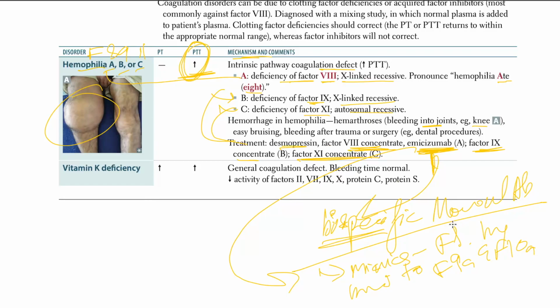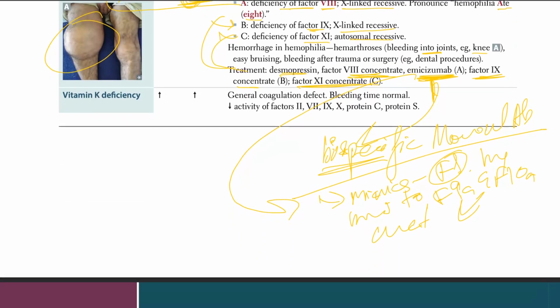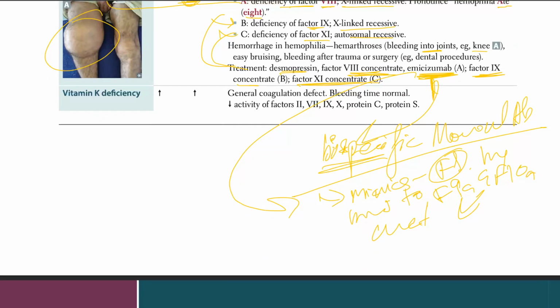So it mimics the activity of factor VIII, leading to the activation of factor 10, basically going into the coagulation cascade. Factor 10 to 10A, going into the coagulation cascade.